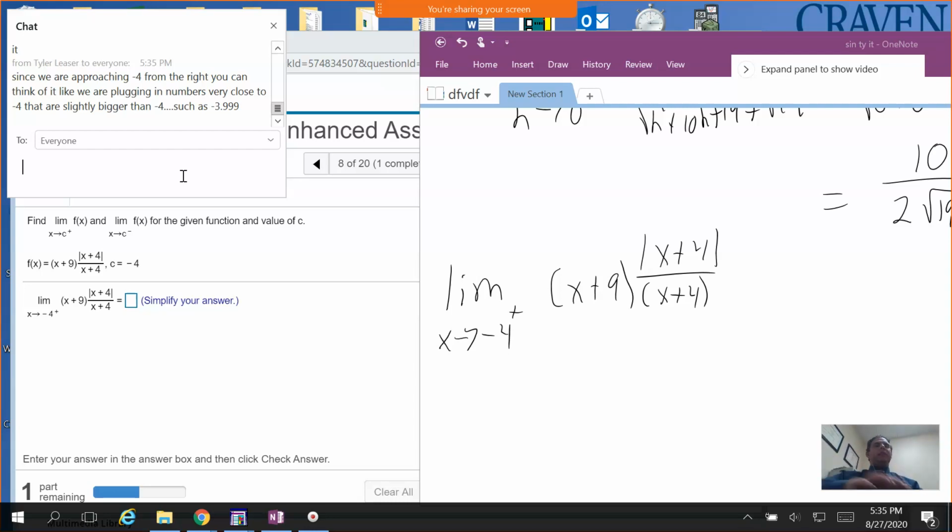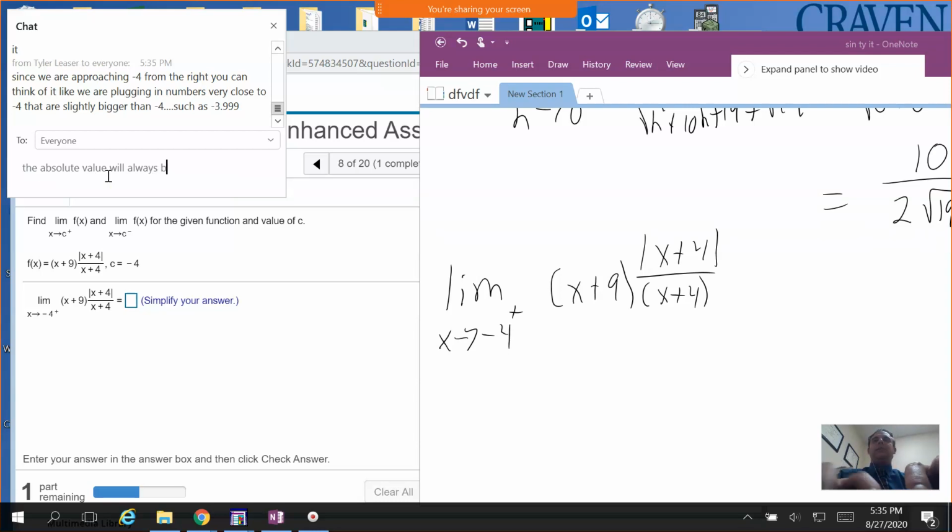So if I'm plugging in something very close to negative 4 from above, the absolute value is always going to be positive no matter what.